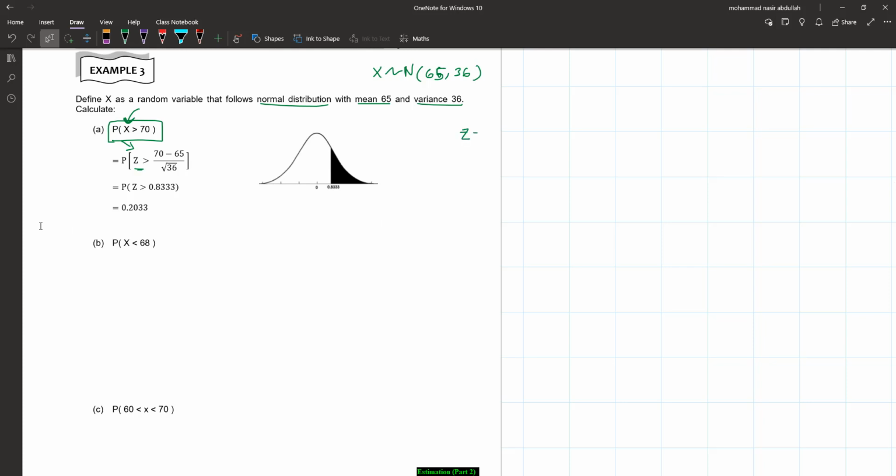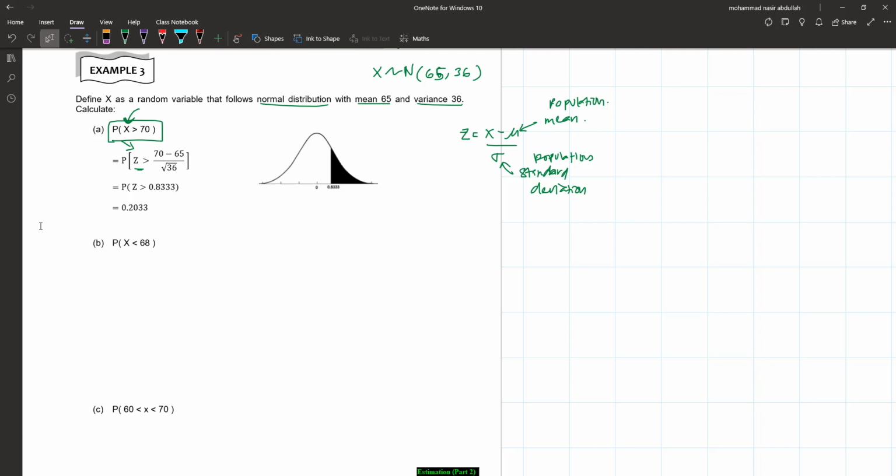The formula is x minus mu divided by sigma, where sigma is the standard deviation. This is our mean, the population mean. And this is the population standard deviation.